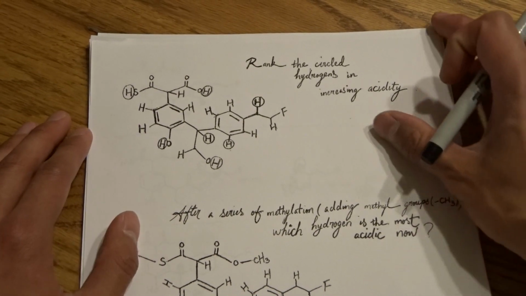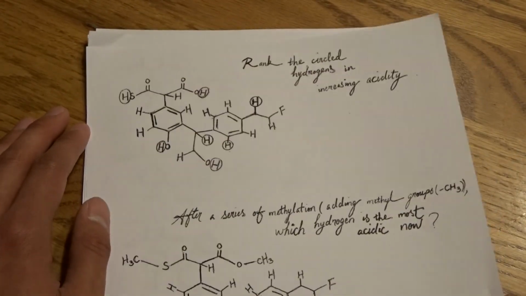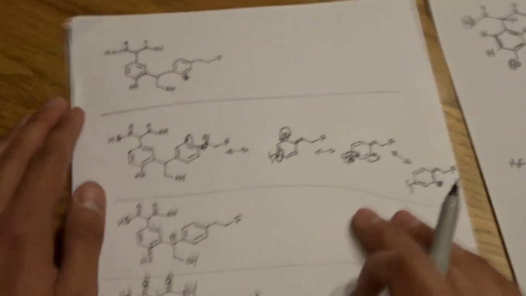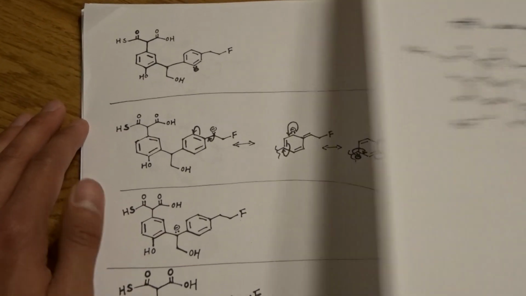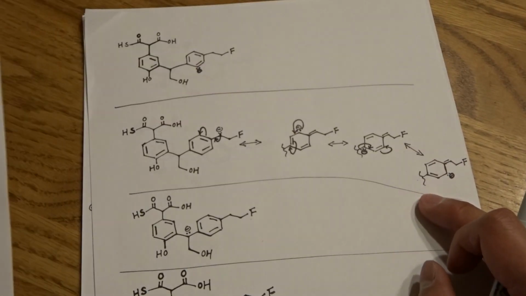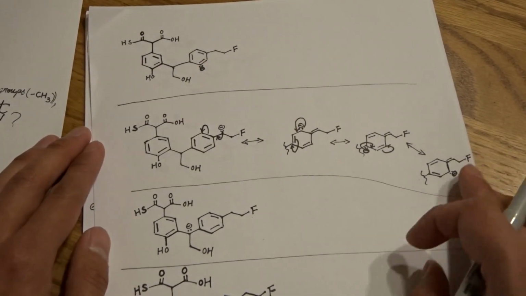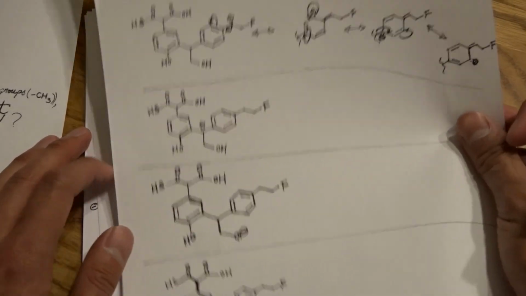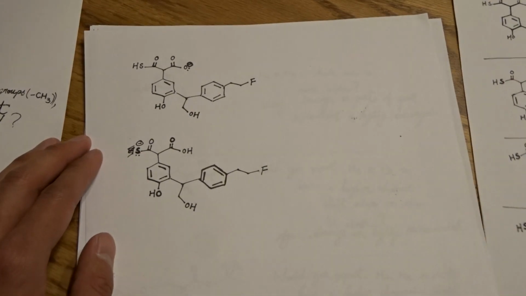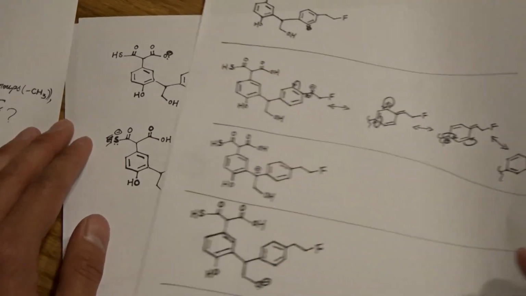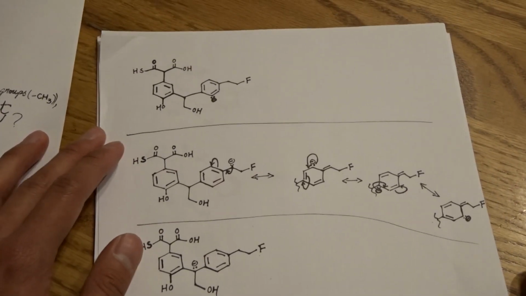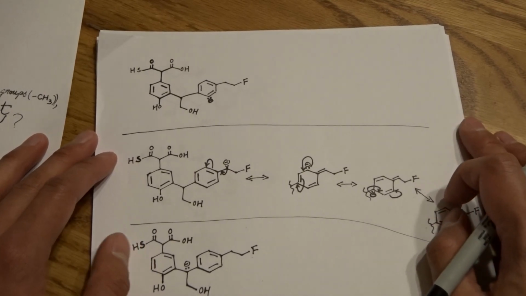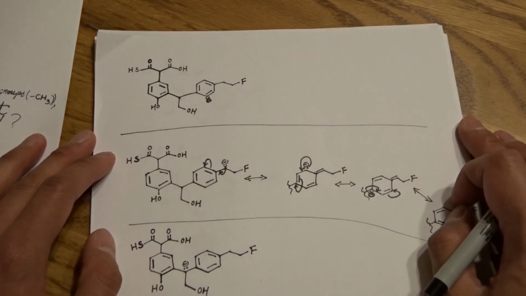Yes, I know this is gonna be a pain, but for me, I have pre-drawn all of the hydrogens pulled off in their separate molecules. I hope you guys did this as well. I know it's gonna take a lot of time, but this is what you should do, okay?